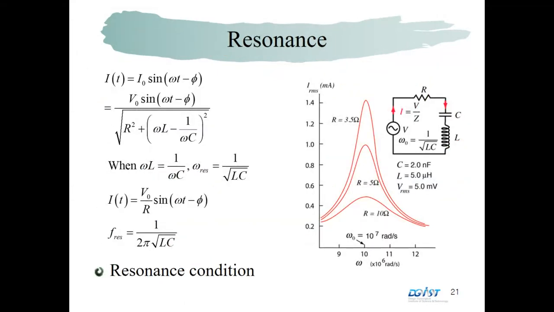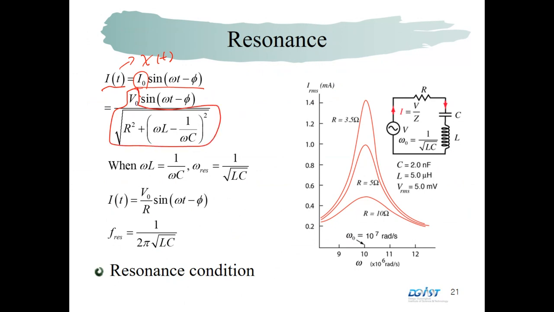So when you solve this current, this is quite similar to the displacement in a harmonic oscillator. So we obtained this kind of expression with the I0 in this form.